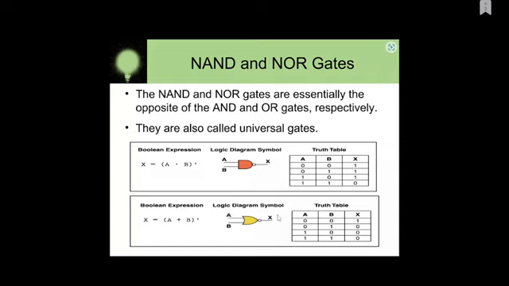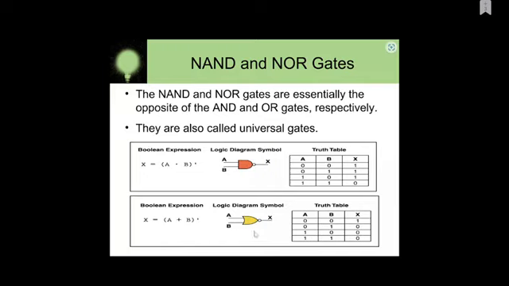The NAND gate is the bubble AND gate, and the NOR gate is the bubble OR gate, meaning the complement of OR functionality. We can also build this NOR gate as an OR gate followed by a NOT gate.